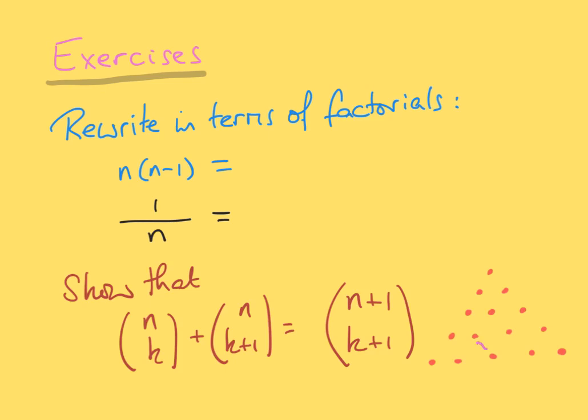So say this and this together, and their sum gives this coefficient. And that's exactly what's happening here. So you increase the number of the row to the next row, and you go from k and k plus 1 to k plus 1. And showing this is just a matter of manipulating the factorials.